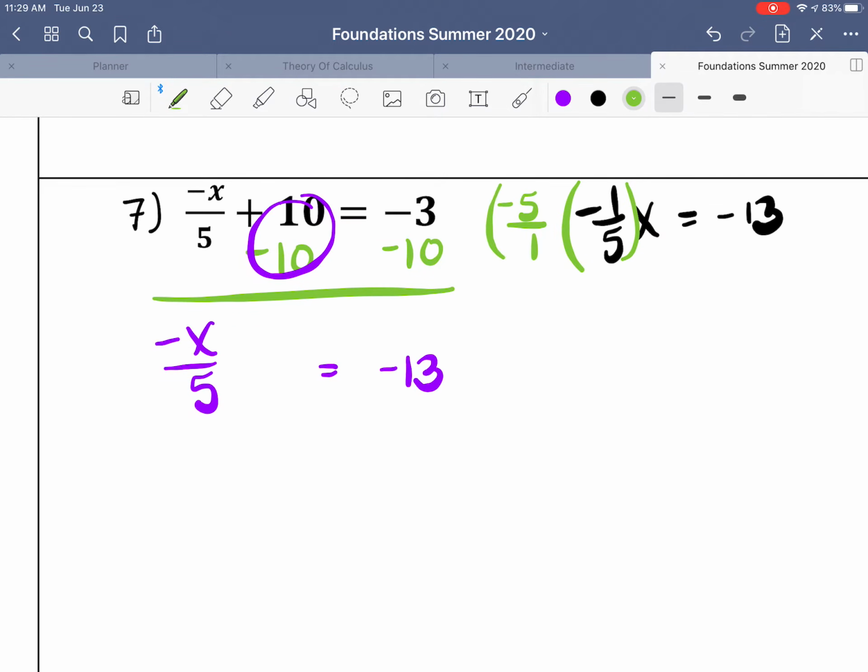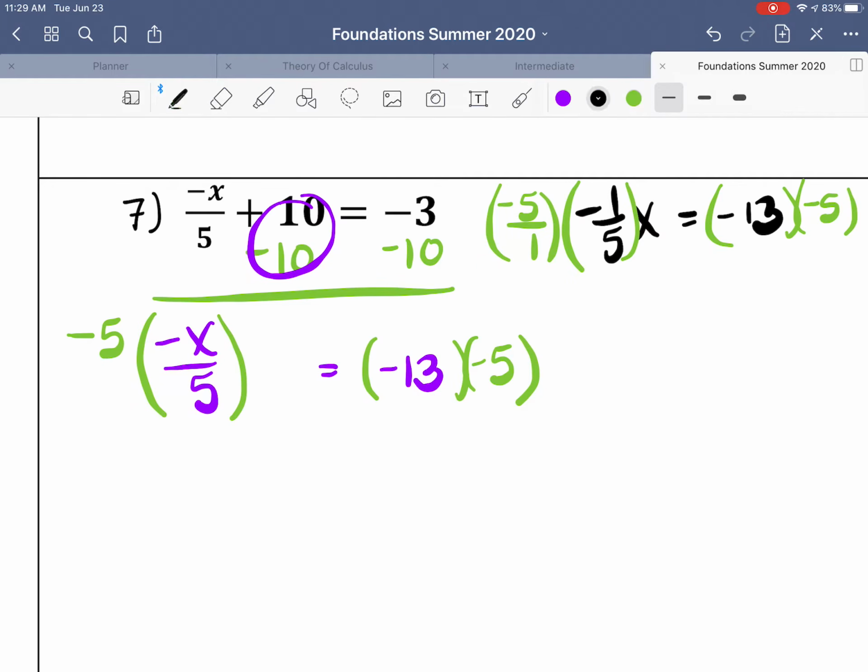And to simplify that, you would multiply by the reciprocal. So that's essentially what we're going to do over here. We're going to multiply by whatever's in the denominator, and we're going to take that negative with it. So we're getting rid of the negative also.